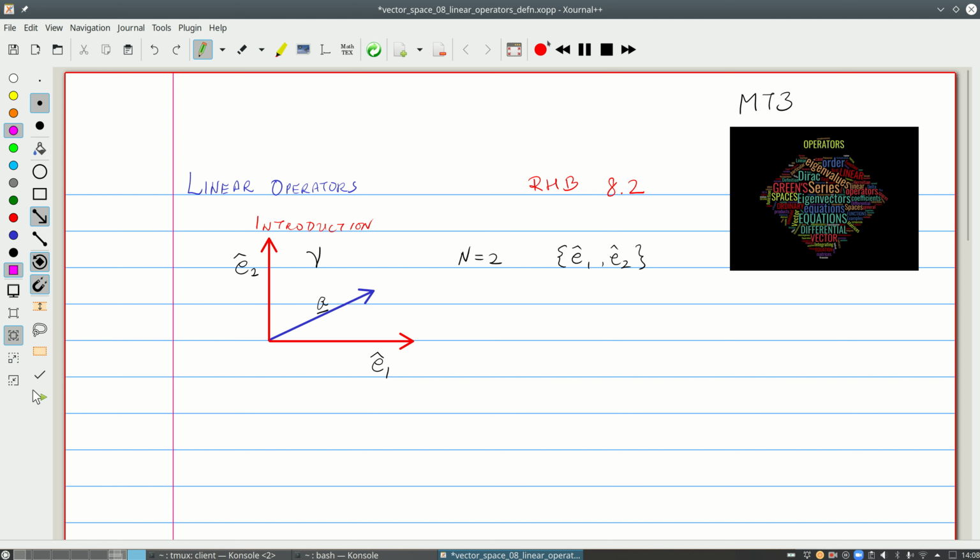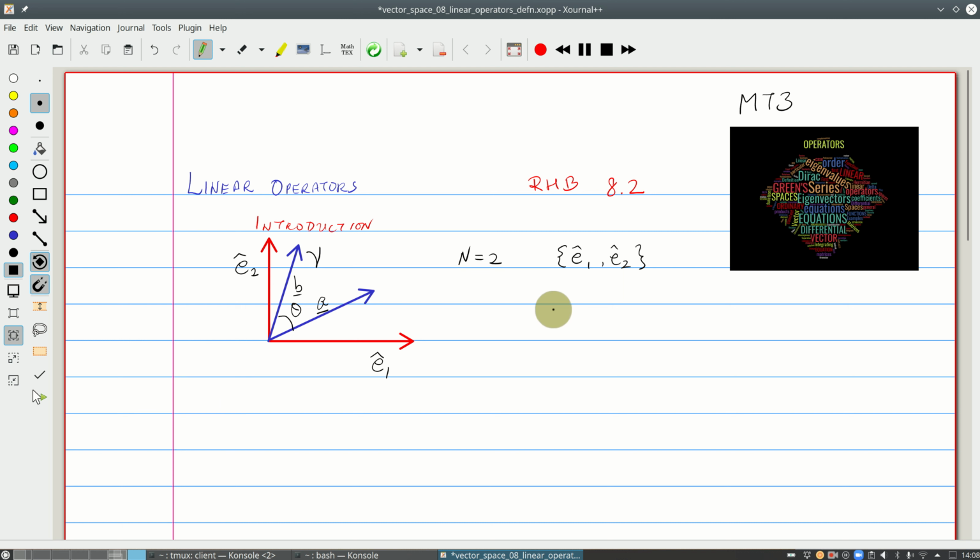Now the rotation example took a vector A and converted it into a vector, let's say we rotated by a certain angle, and now we have another vector B, and this is some angle theta. So every vector gets rotated by this angle theta into some other vector, but the vector space itself remains the same. It's still a two-dimensional space. You just have mapped each vector into another vector.